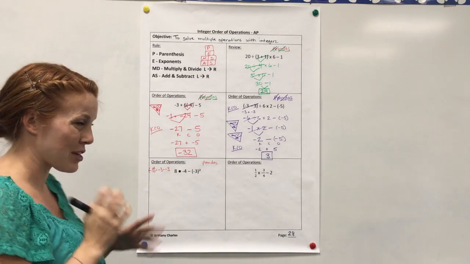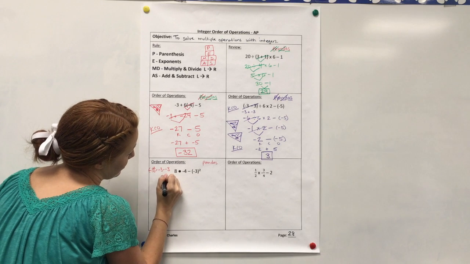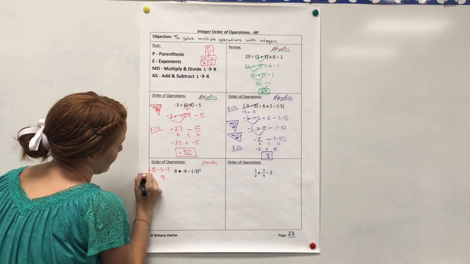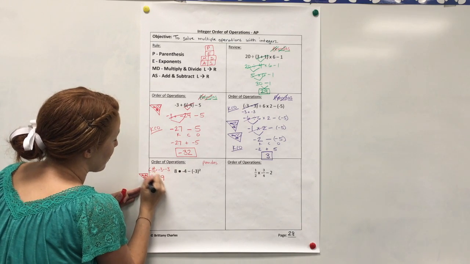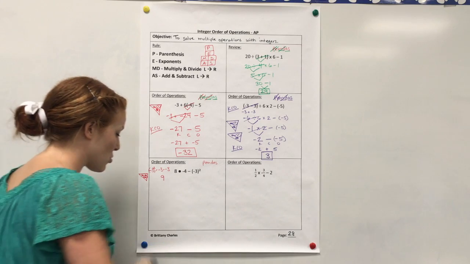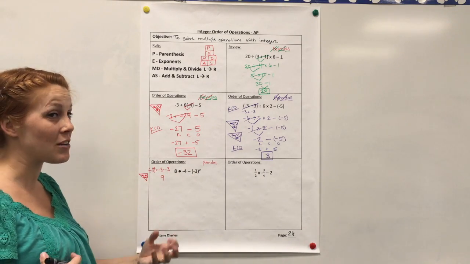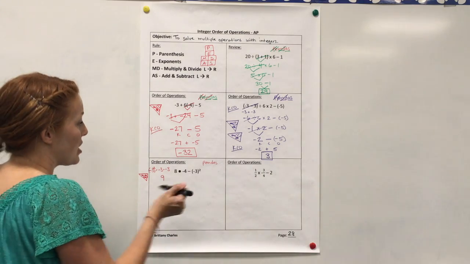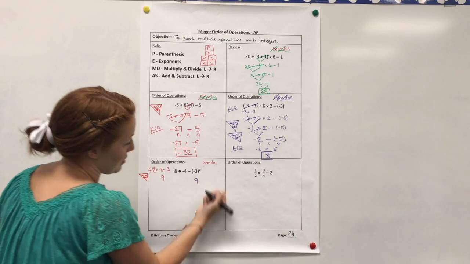Well, I still have to think about my integer rules. 3 times 3 is 9, and mad face, I have 2 negatives, so negative and a negative. That means it's a positive 9. So this right here, just be careful, because it's negative times a negative, so it's a positive. This right here should actually be a positive 9.